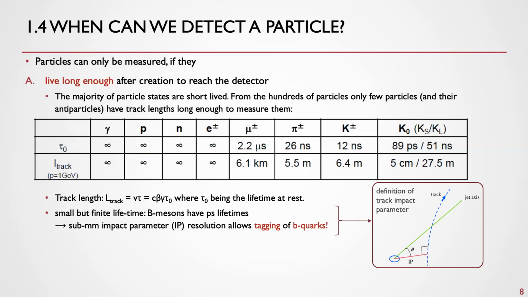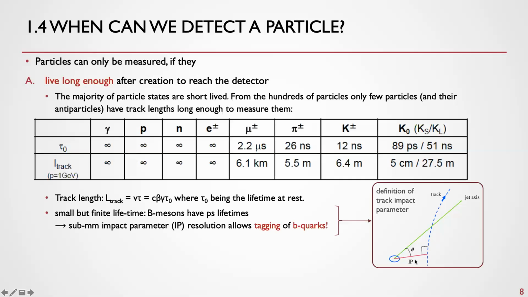So we use this high impact parameter of track candidates inside a jet to tag whether that jet contained a B quark before hadronization or not. A B quark gives you a B meson. A B meson lives for picoseconds.